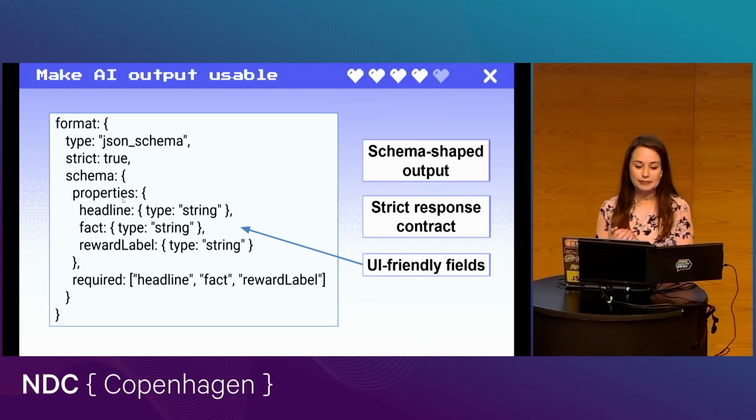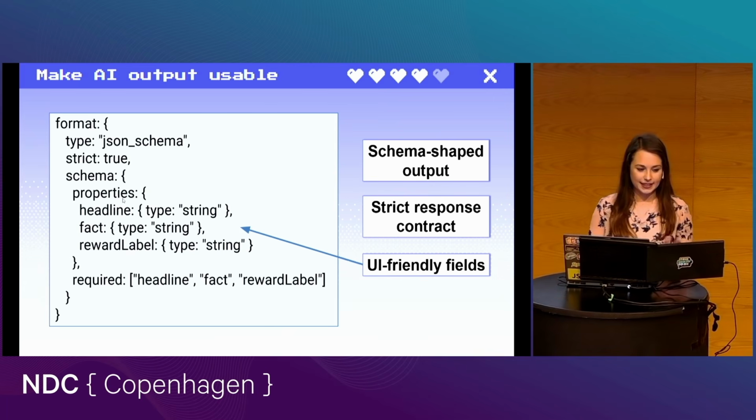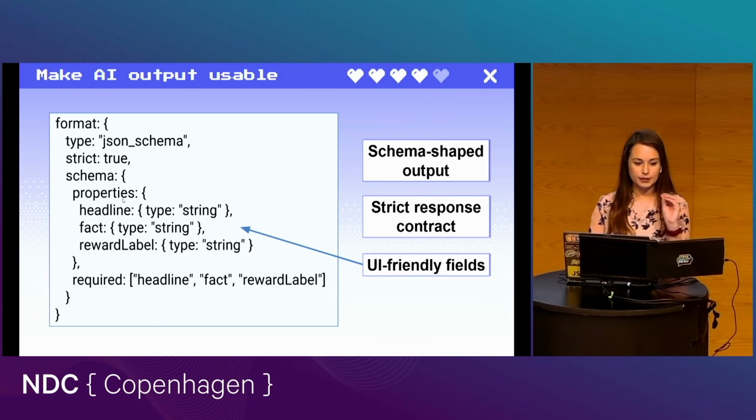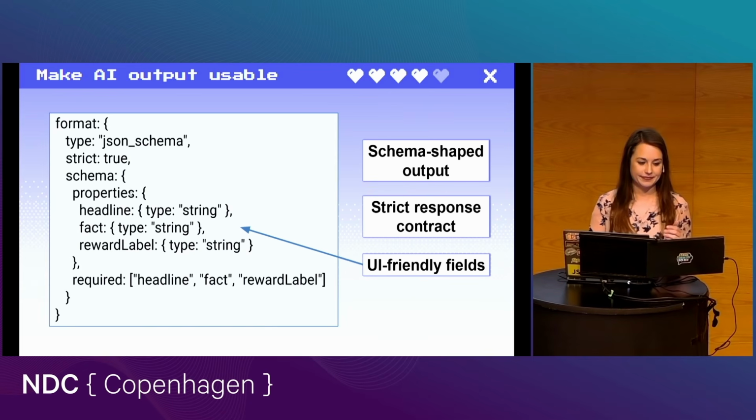So that's the main reason this demo really feels usable, and it's not just that the model is good at writing or whatever. Again, the response shape really matches what the interface actually needs.